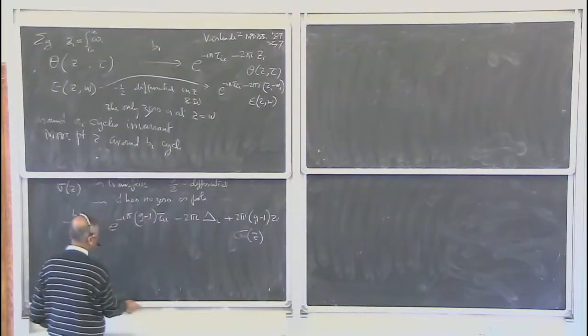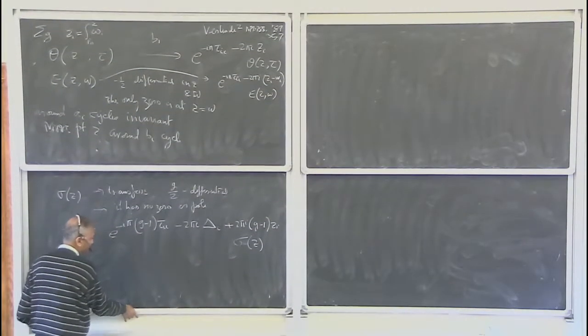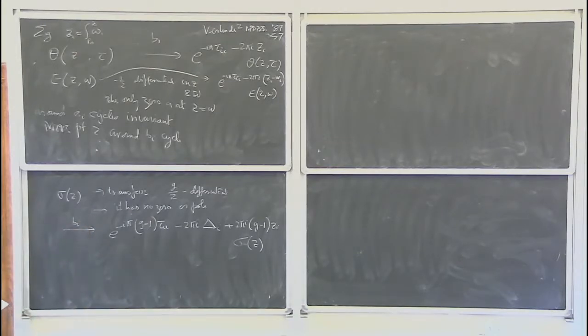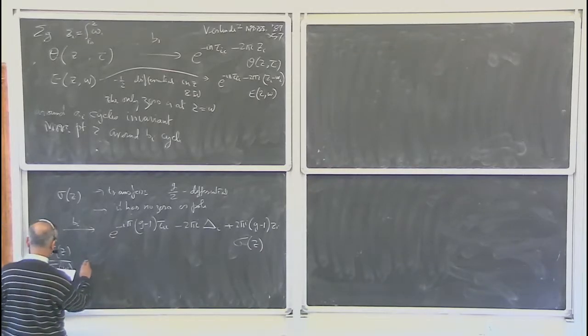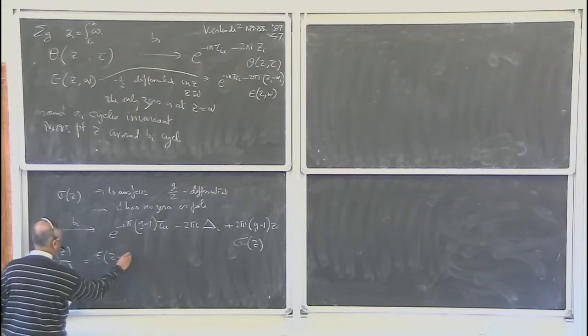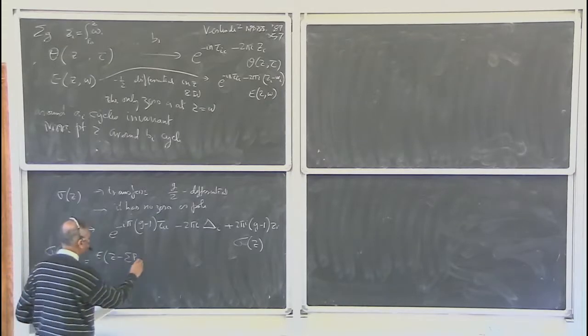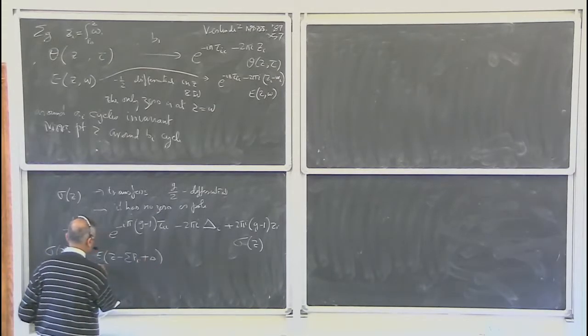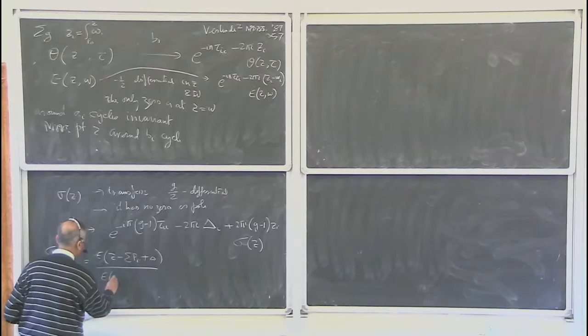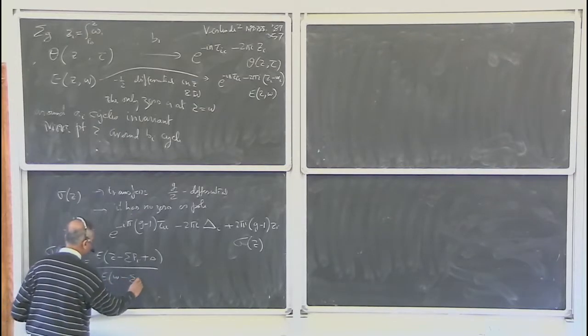Explicit form of sigma. I will not give the explicit form of sigma, but what I will do is give you a ratio of sigmas. And that is all that is needed, because in all the correlation functions, it will always appear as ratios. So sigma of z divided by sigma of w is the same as E of z minus sum p_i plus delta, divided by E of w minus sum p_i.